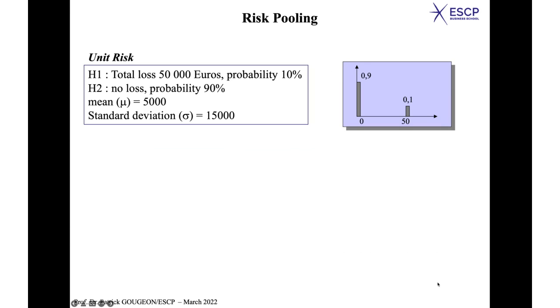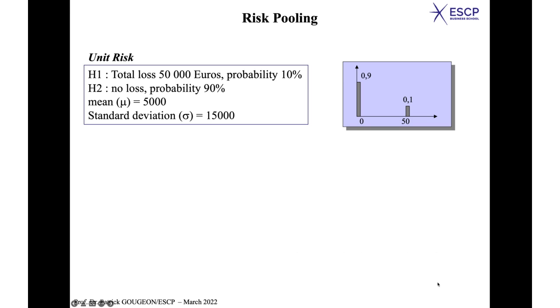So let's take an example here to illustrate what we have said before we move to situations which are a bit trickier, for which the variance may not systematically shrink to zero. Let's assume that we have a risk represented by this probability distribution.